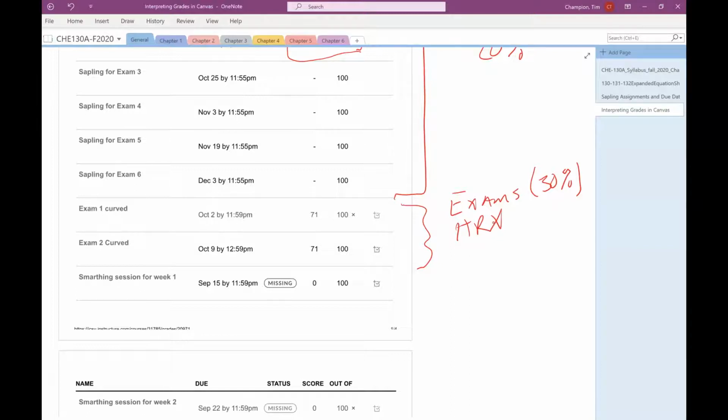And again, test student has had his lowest score dropped, which was a 71, which are just numbers I made up. If that had been a lower score, it would have been dropped. If, for example, on exam 1 the student had made a 90, then it would have dropped exam 2. And you see these are the curved exam scores.